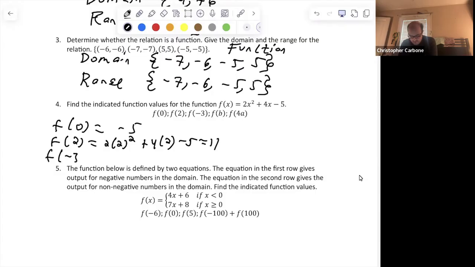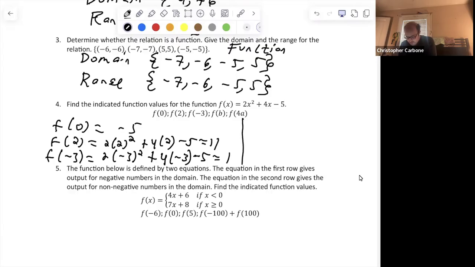F of -3 would be 2 times -3 squared, so 9 times 2 would be 18, plus 4 times -3, which is -12, so that makes 6, minus 5, this would be 1.